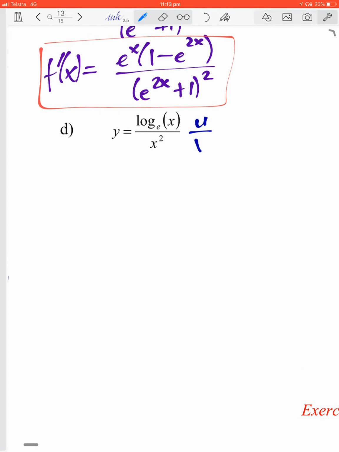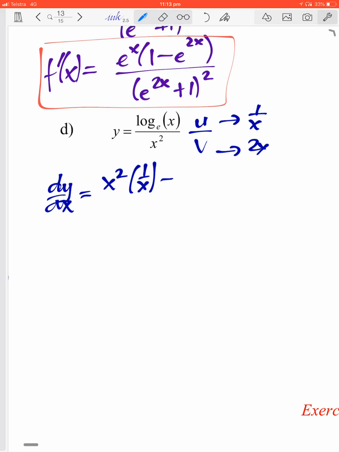U on v. Okay, so dy dx is v, x squared, times u dash. Now we know the derivative of, if you need to write it down, that's 1 on x, and the derivative of that is 2x. So I get v times u dash minus u times v dash, which is just going to be 2x, all on x squared.